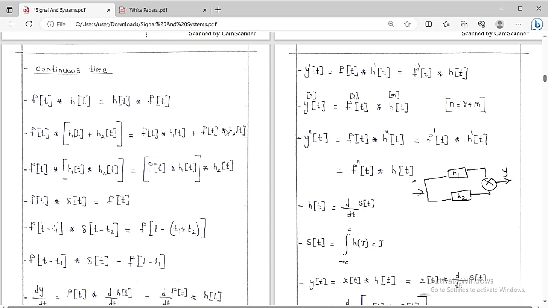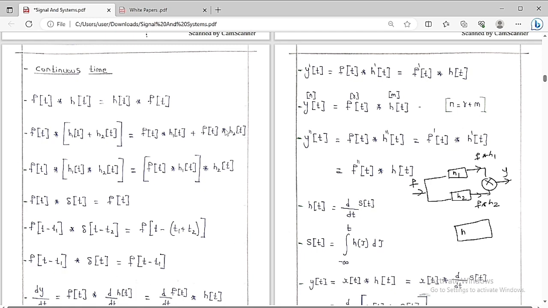The response of the first is f of t convolution of h1 of t, and of the second is f of t convolution of h2 of t. So the output y is the sum of these two outputs, which is f of t convolution of h1 of t plus f of t convolution of h2 of t. Instead of that, I will go for a simple thing.